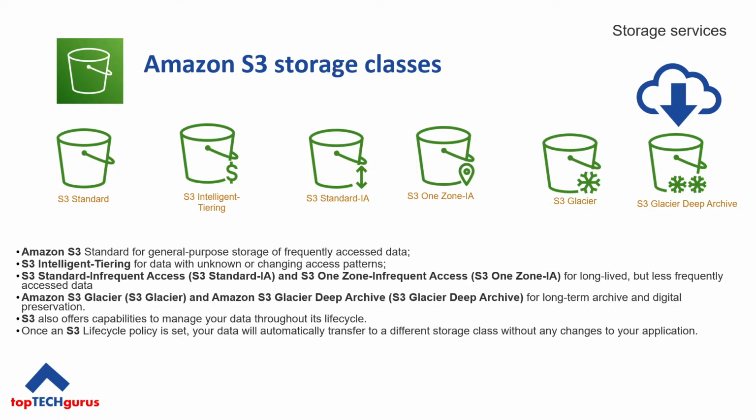So if one of the availability zones goes down because of a network issue or a calamity, the information stored in that one zone will not be available to you. So it's not built for fault tolerance or for disaster recovery.